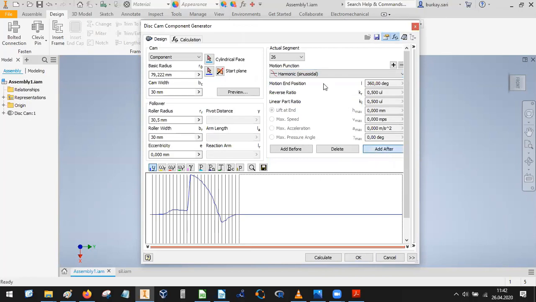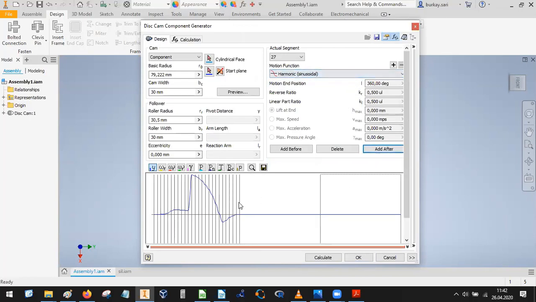Add after, we will again use 16, and this time I will just adjust to the 26 segment to 360.